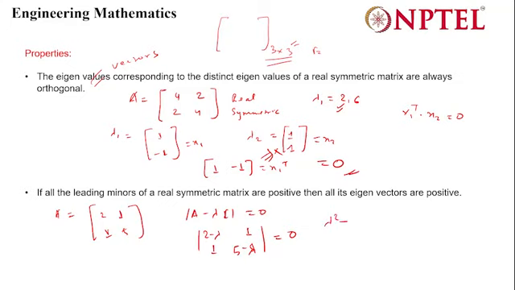The equation will be formed something like this. So lambda will be a fraction 5.3 and 1.69, which is positive because all your leading minors of the symmetric matrix are positive. So your eigenvalues will also be positive.